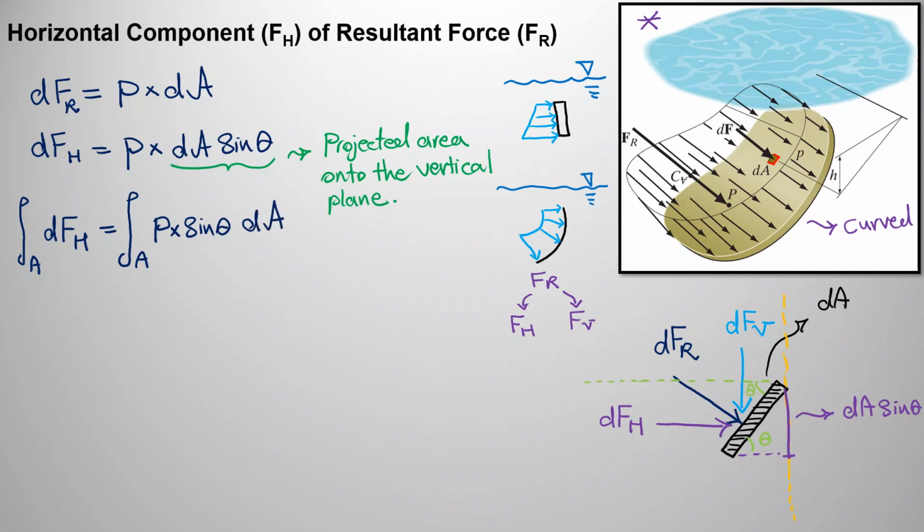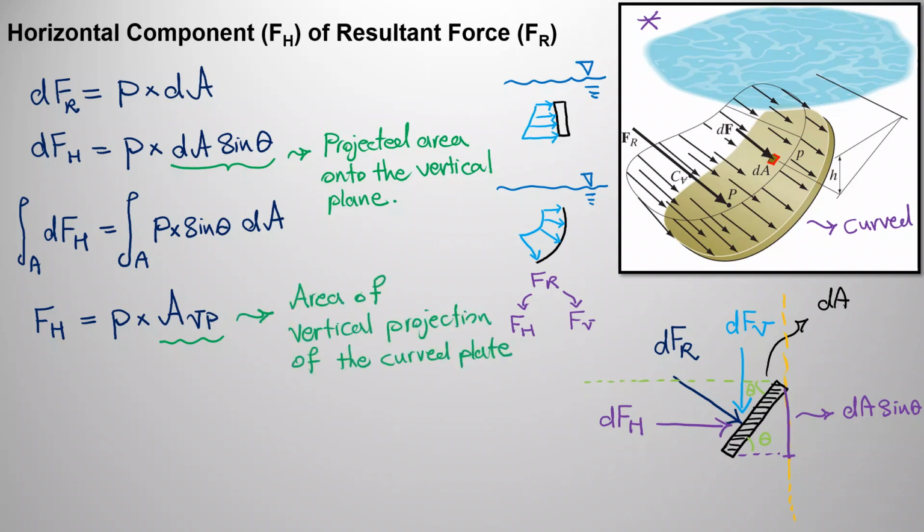So simplifying this, it would be FH is equal to P times AVP. And again, AVP over here is vertical projection of the plate. Let's substitute pressure in this equation, and horizontal force will be equal to gamma of the liquid, H bar, and AVP.